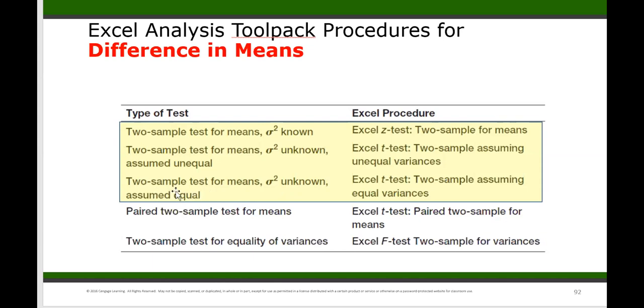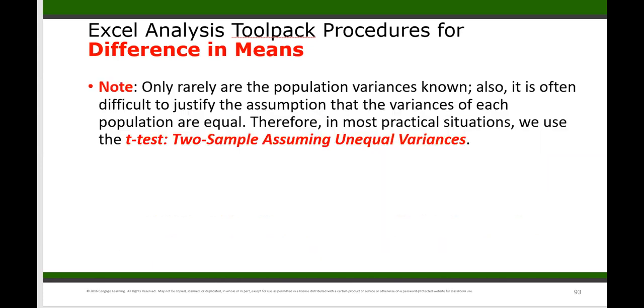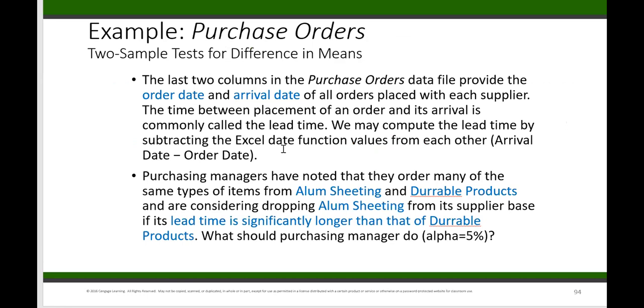This one itself has a test that we will talk about later. But the least restrictive, as I said, would be the two-sample test assuming unequal variances for the difference in means, and that would be a case of T-test. So we're going to use this tool here in Excel for this example, for purchase orders.